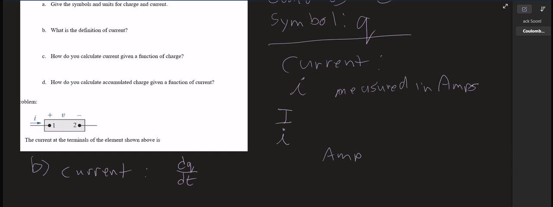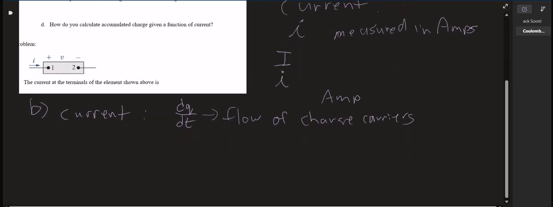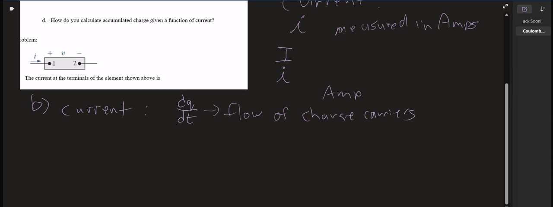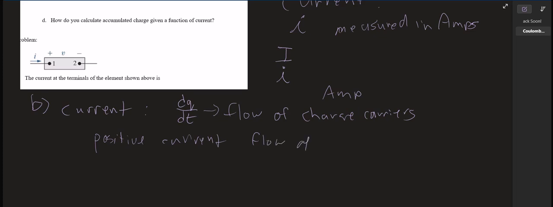So this is the flow of charge carriers, and specifically in electrical engineering, positive current is the flow of positive charge carriers.